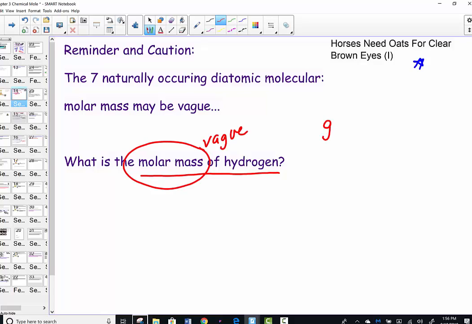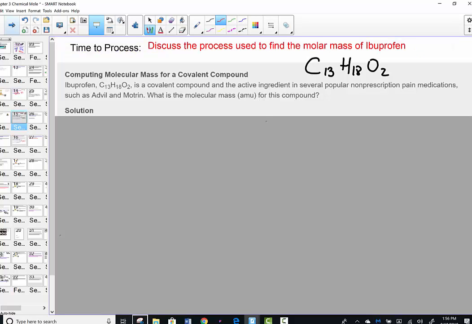I would need to know specifically, do you mean an atom or do you need a molecule? So with those 7 elements, we just want to be careful to be very precise in the language. Otherwise, the general term molar mass works fine. What's the molar mass of? And then you just add the weights off the periodic table.